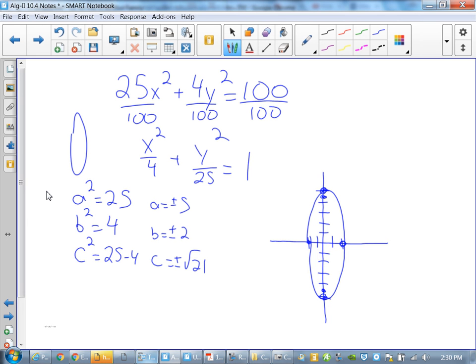How come it's 5 instead of 2? Because the A squared is the larger of the two values. And if it's larger underneath the Y, it means it's stretched up and down. If it's larger underneath the X, it's stretched left and right. The way that it's stretched means it's stretching to the vertices. So the A represents the distance from center to vertex. Okay.